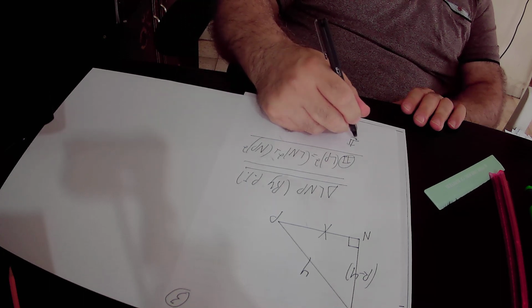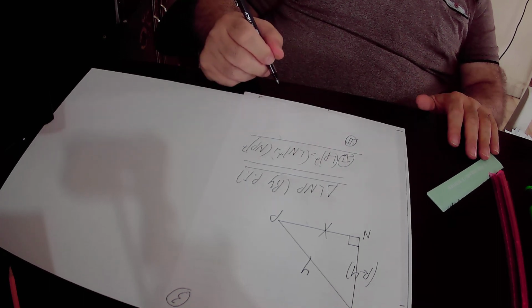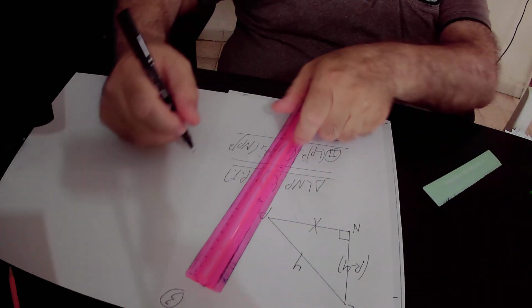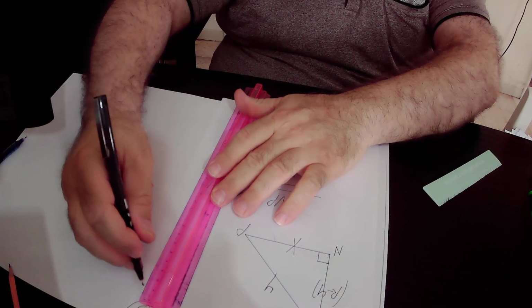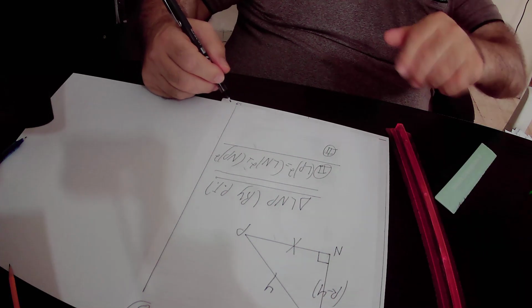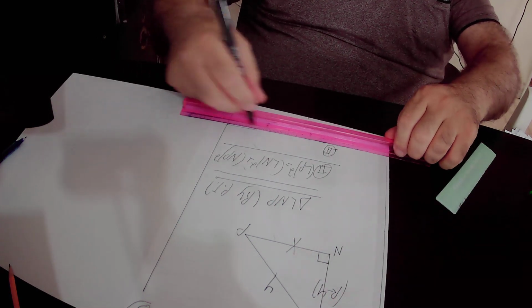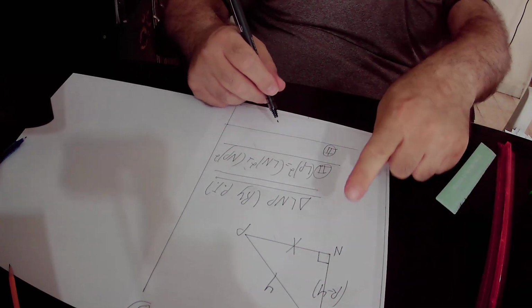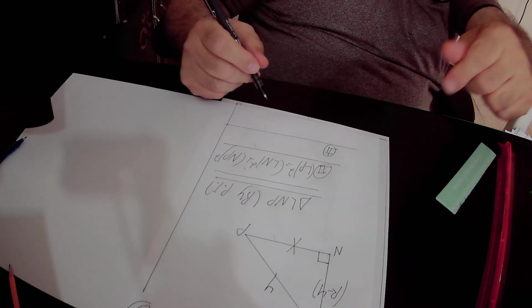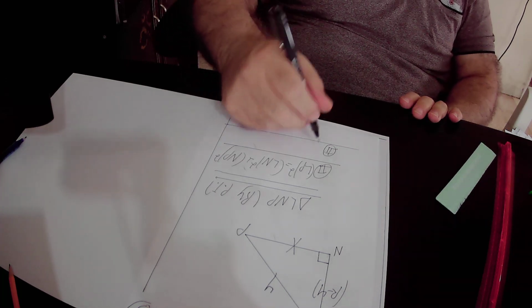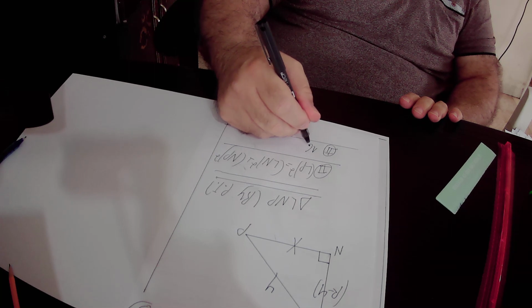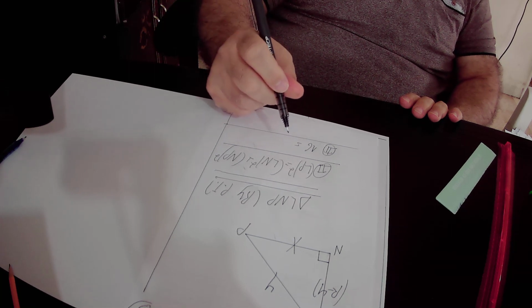So here LP equals 4, so LP square is 4 squared, that is 16. That is equal to LN square.